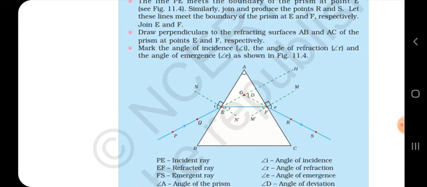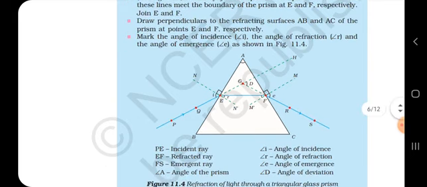it bends. Over here in this figure you can see that the ray PQ is entering at point E, where E is the point of incidence with the normal. It bends towards the normal, because when light goes from a thinner medium to a thicker medium, it bends.